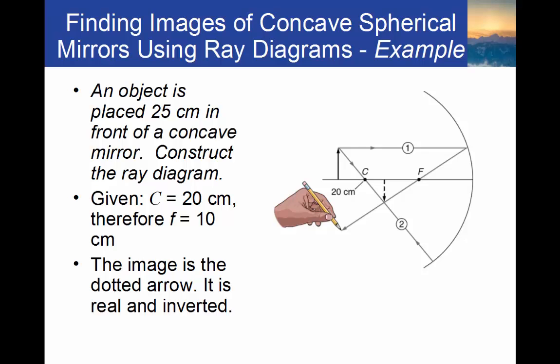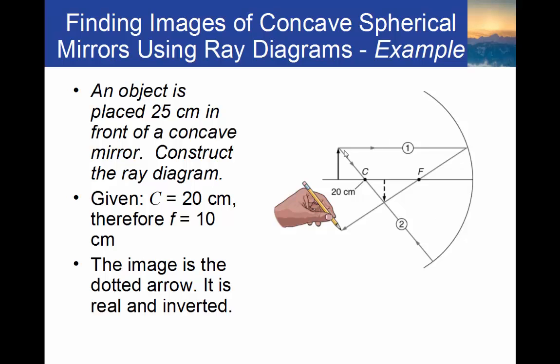So in order to solve this problem, one thing that you could do is draw a ray diagram, and the process for doing that is described in the end of section 7.3 of your Shipman physical science text. Basically what you do is you draw your object away from your mirror.